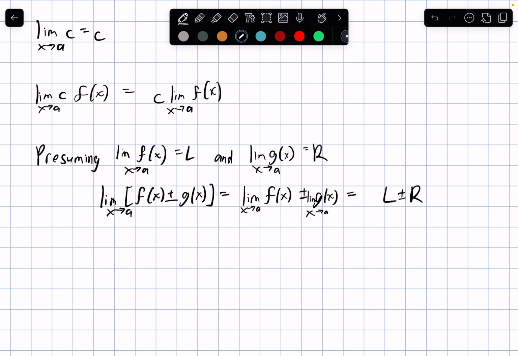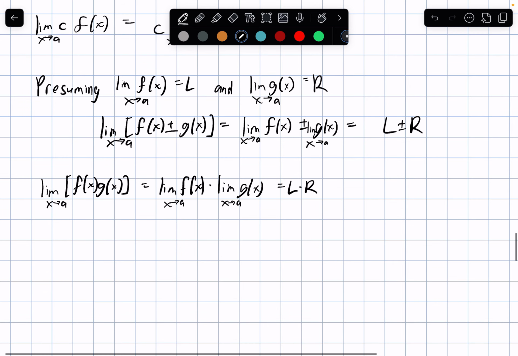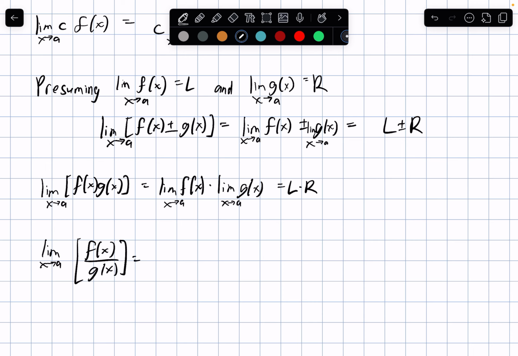What about multiplication? So it's basically just going to be multiplication. Okay. What about division? Again, same concept.